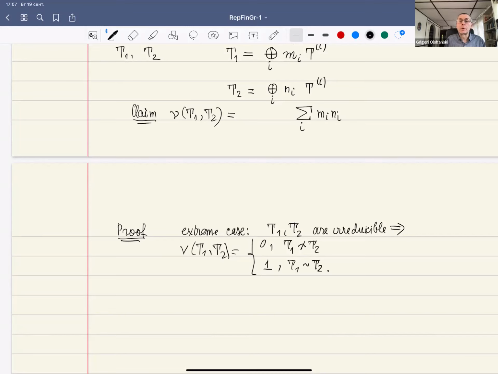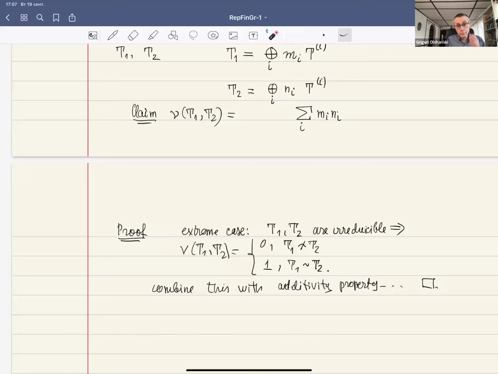So this is the Schur lemma. So combine this with the additivity property. See? We get this claim. So is it okay? Is it clear?